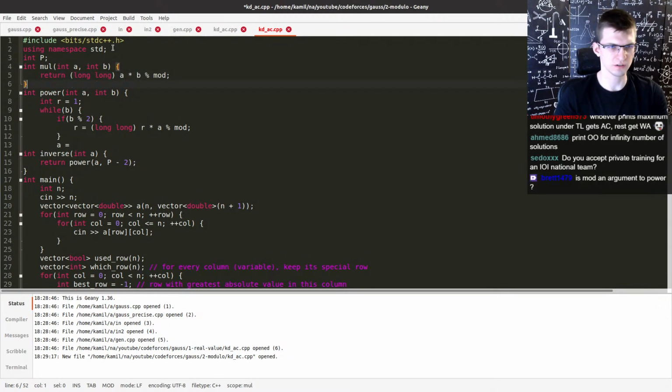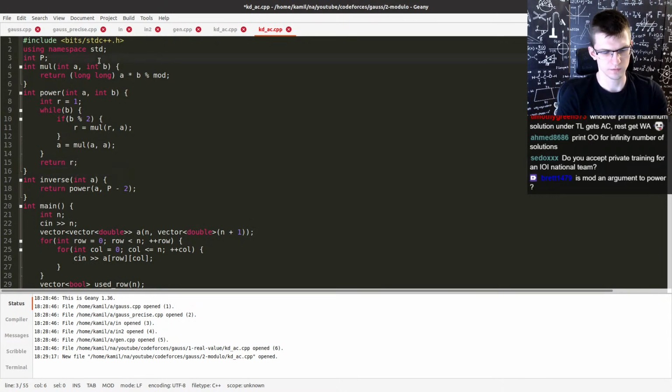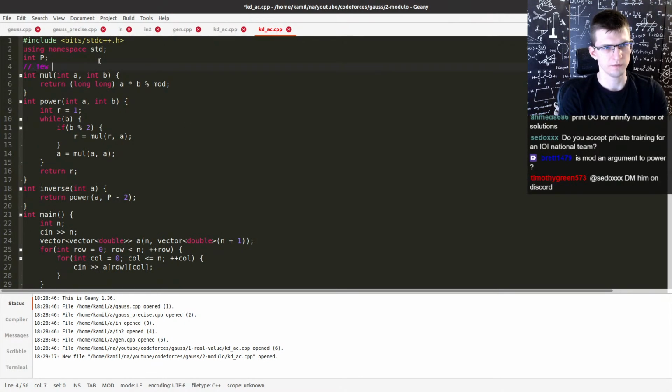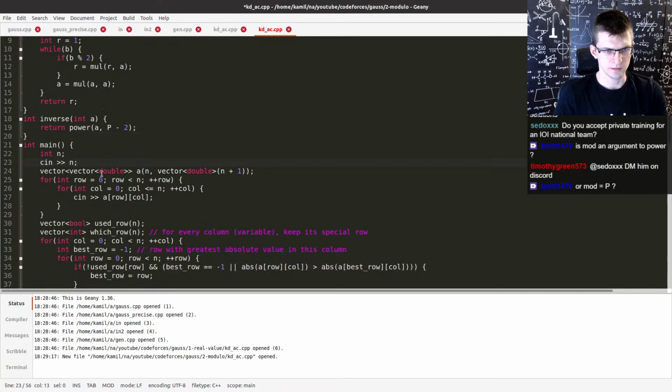Or we don't use longs unless it's necessary. So here we have a few functions for operations modulo P. And then this time we have NMP.